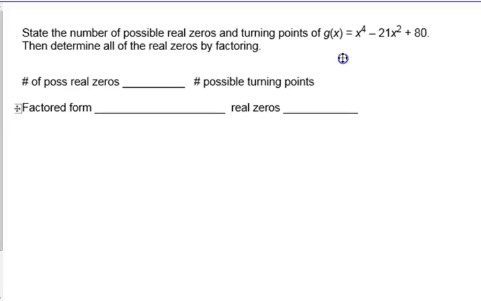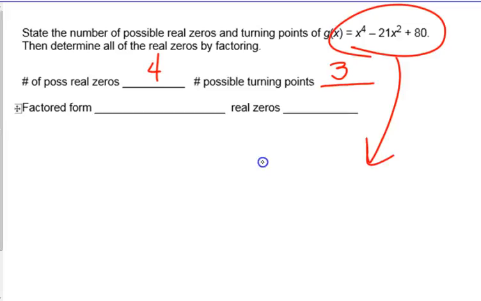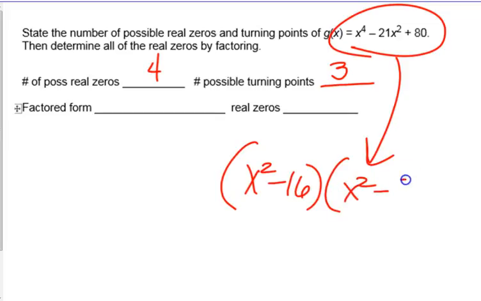All right, guys. Maximum number of possible zeros: 4. Turning points: 3. Easiest questions on the quiz, right? All right, now it says factored form. This one is not real nice because I just made it up. It's 16 and 5 to make 80 and add up to 21. It's not pretty, okay? Yes, x squared minus 16 factors further.